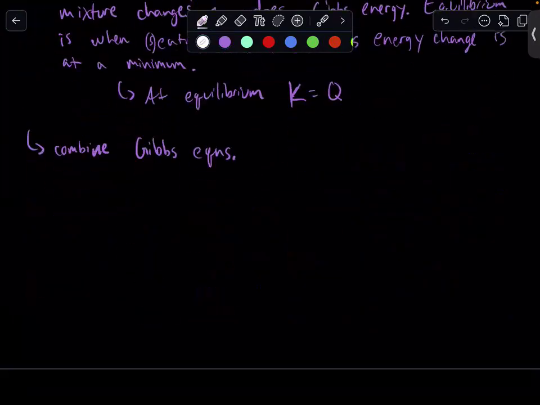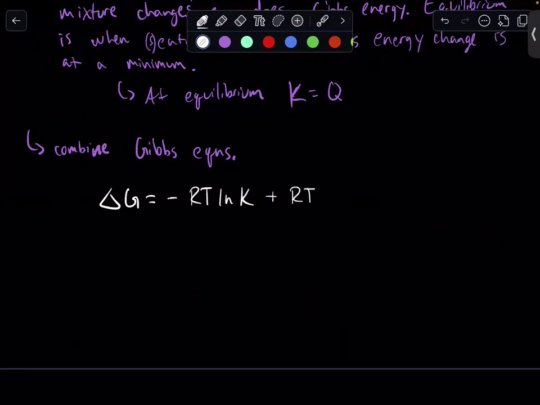So let's take a look at delta G, but now instead of delta G standard, we're going to use our other equation, negative RT ln K, and we're going to add that to RT ln Q. Again, we are now going to be assuming equilibrium, so we'll come back to that in a minute.